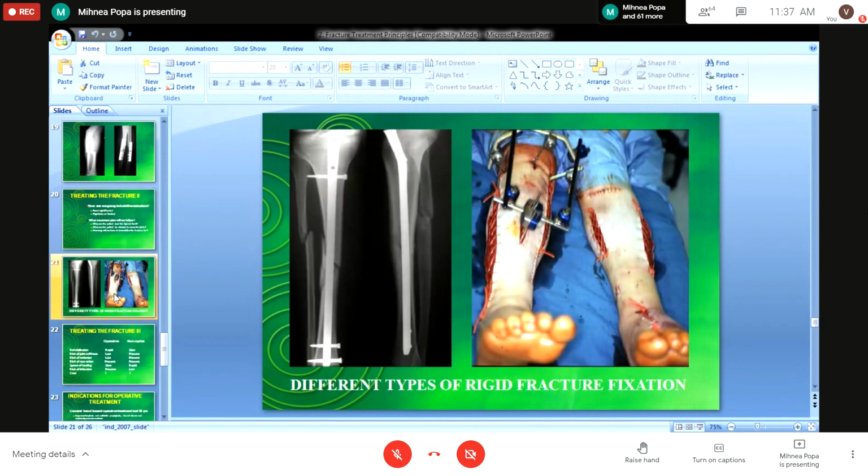This is a very symbolic image, and it's easy for you to understand the types of treatment in the polytraumatized patient. As you can see in the right image, it's a patient that was treated first of all with an external fixator because he had a fracture of the tibia, but also a compartment syndrome.